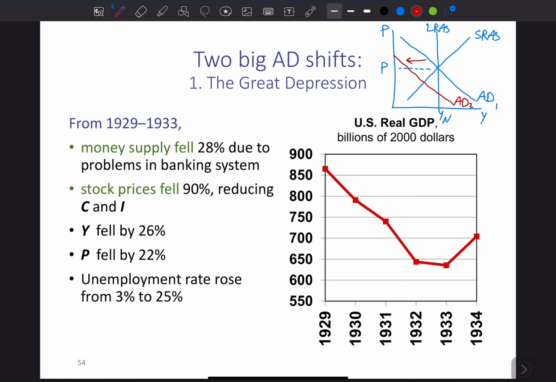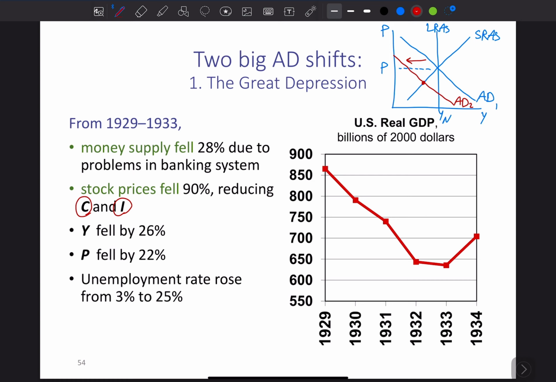The prices are the same for now, okay? At this stage, because of these two events, money supply changes and the stock market prices, the aggregate demand shifted to the left because consumption and investment were affected.